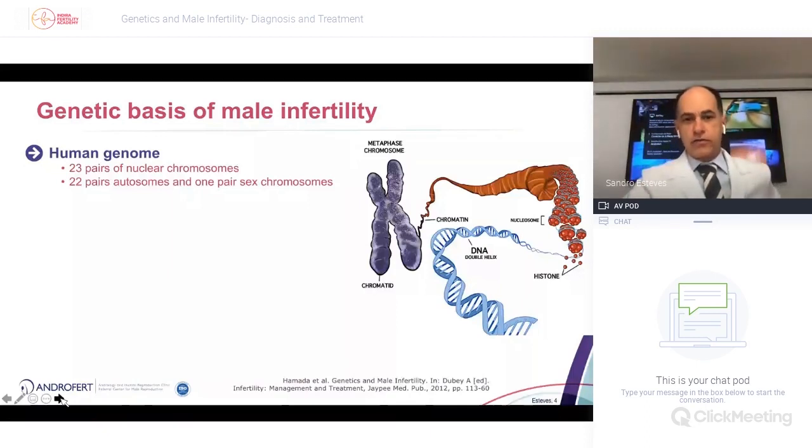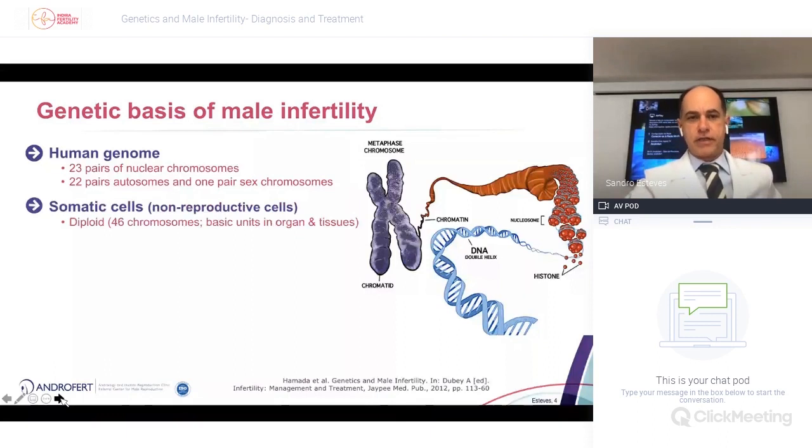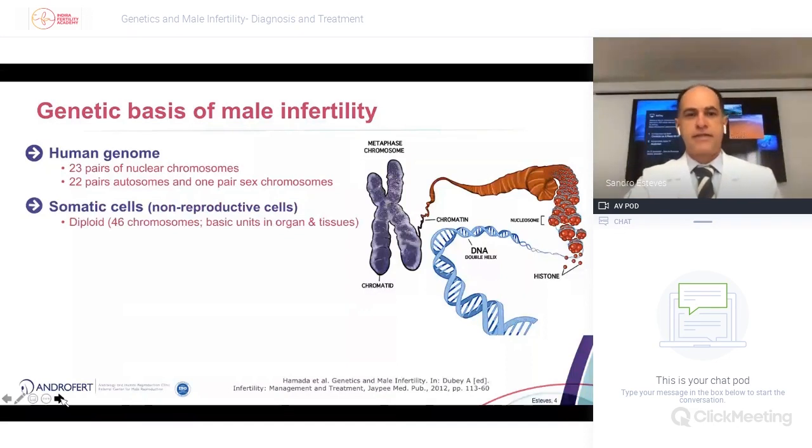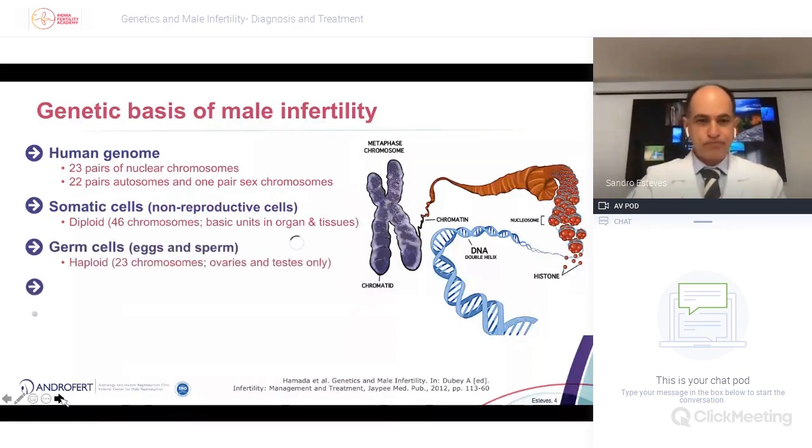The somatic cells, the non-reproductive cells, are diploid. We have 46 chromosomes. These are the basic units in organs and tissues. By contrast, germ cells, we are talking about oocytes and sperm, are haploid, as you know. These cells have 23 chromosomes, and only the ovaries and the testes have this type of cell.